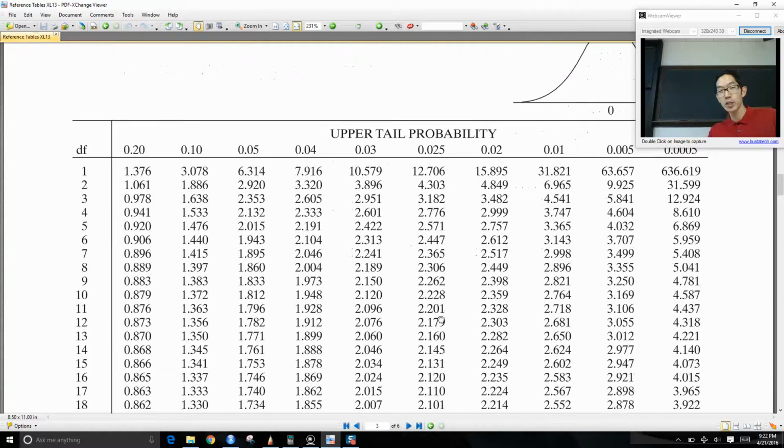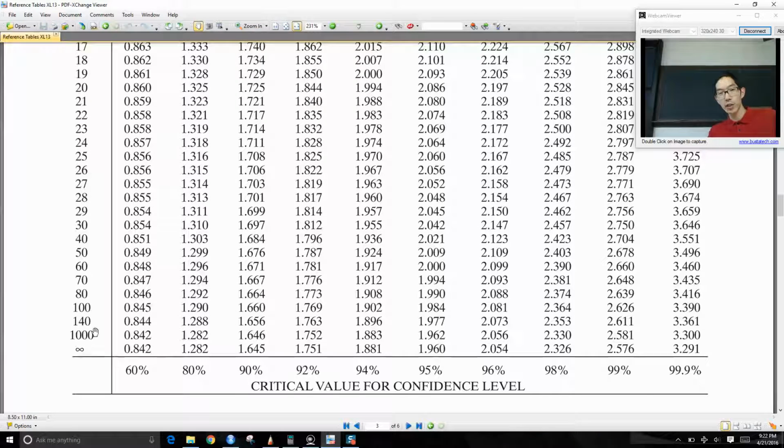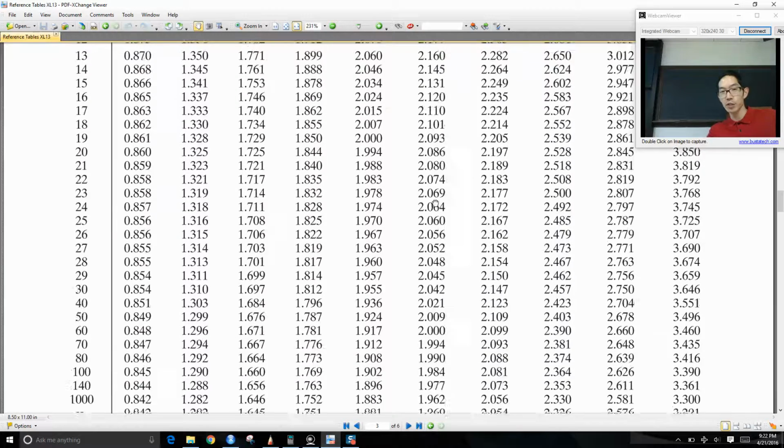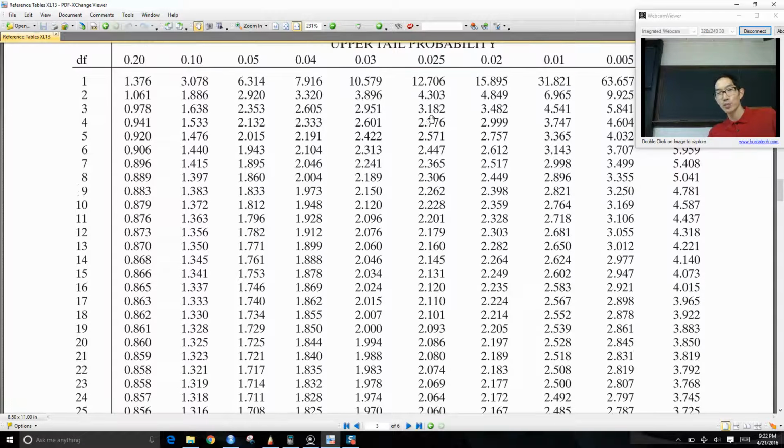But anyway, for 95%, your values are close to 2, and you can see that as the number of degrees of freedom decreases, instead of 2, we use slightly larger values. So 2.08, 2.1, 2.3, all the way up until, when you have very small sample sizes, you have very large compensation factors, like 2.7, 4.3, or things like that.